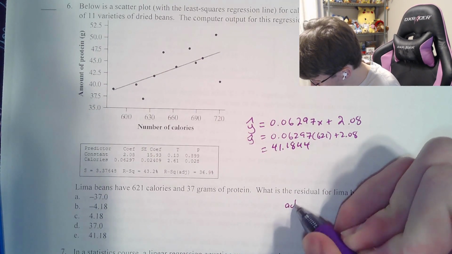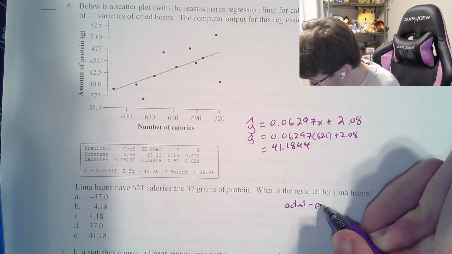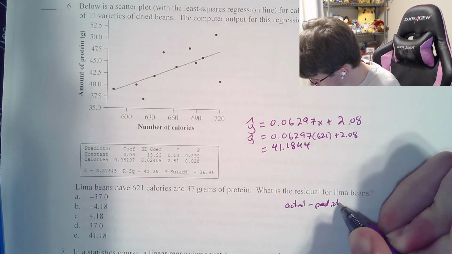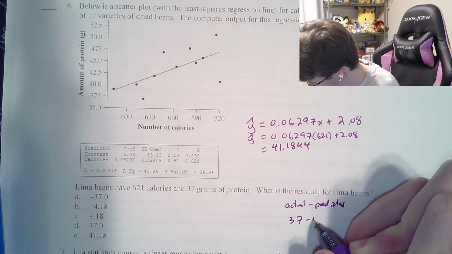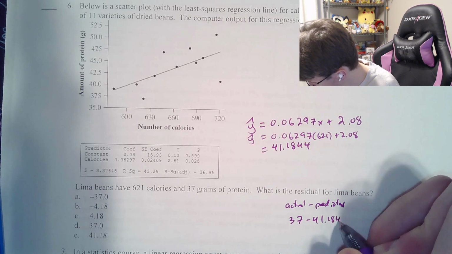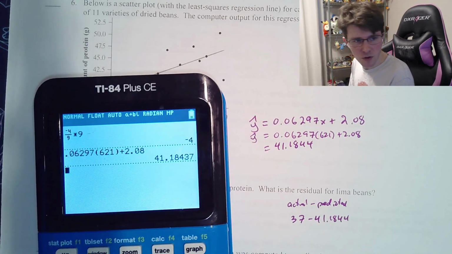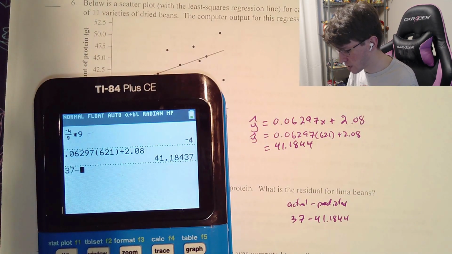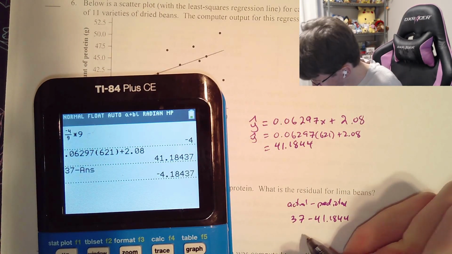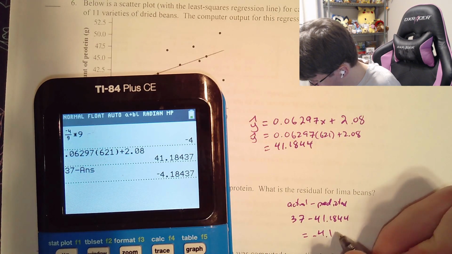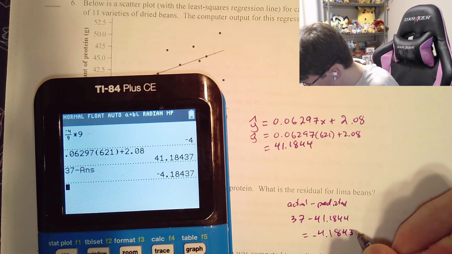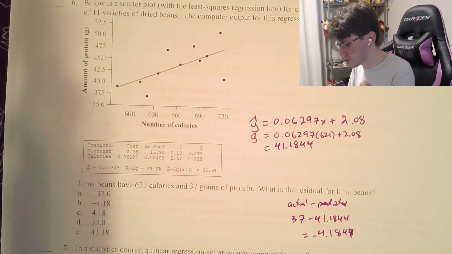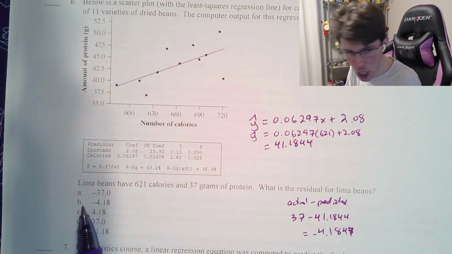Because we have actual minus predicted, our actual is going to be 37 minus that 41.1844. So we're going to be doing 37 minus the second answer there. We're going to get negative 4.1843, I guess 4. All right, either way, that is our letter B.